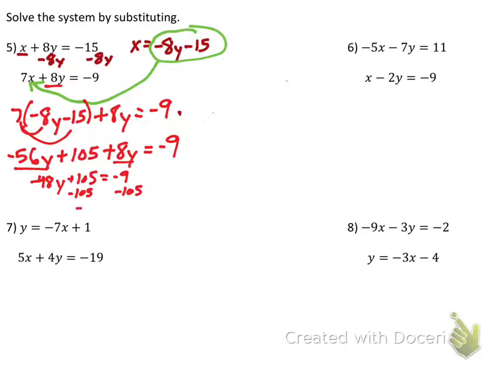So I'm going to get negative 48y is equal to a negative 114. So now, let's take negative 114 and divide it by negative 48. And that's going to be 2.4.